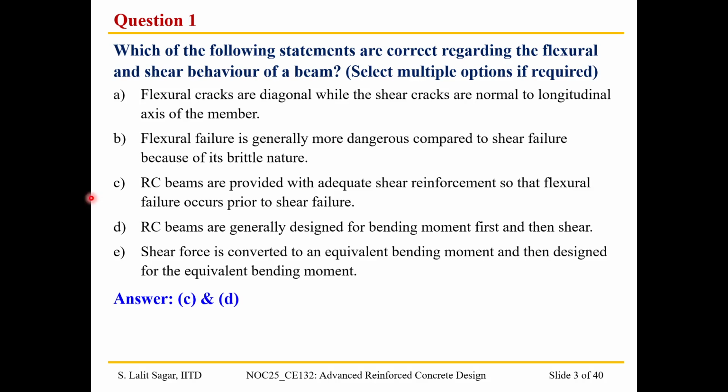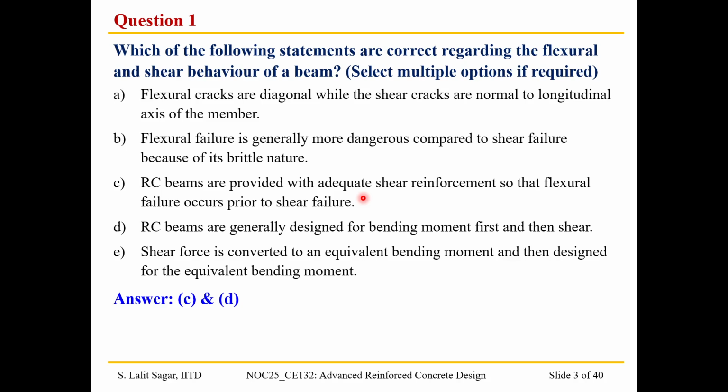Now, statement C is correct because reinforced concrete beams are designed in such a way that adequate shear reinforcement is provided, because we want the beam to fail in flexure first. If at all the beam fails, we want to induce the flexural failure so that it undergoes considerable deformation and gives us sufficient warning prior to the failure.